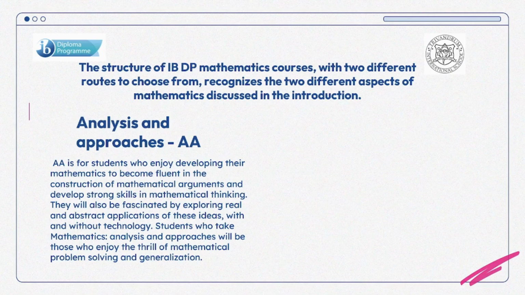They will also be fascinated by exploring real and abstract applications of these ideas with and without technology. Students who take mathematics AA will be those who enjoy the thrill of mathematical problem solving and generalization.